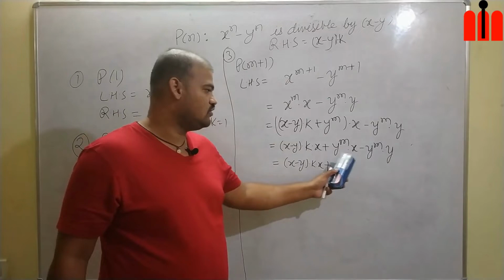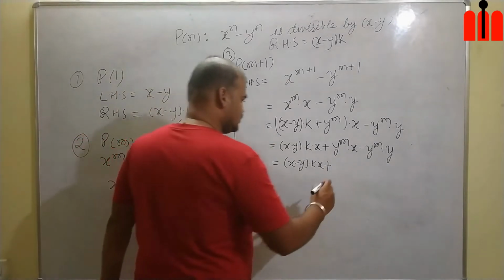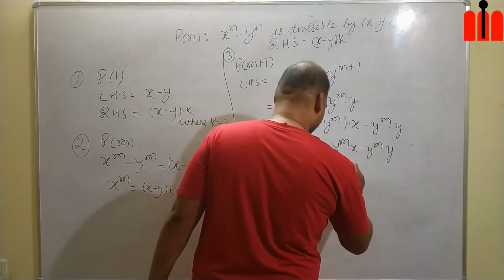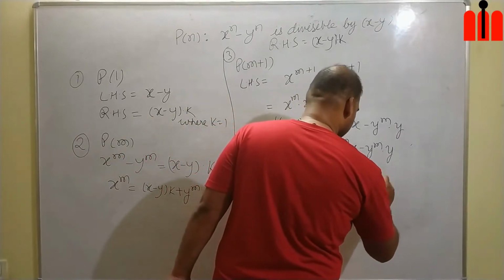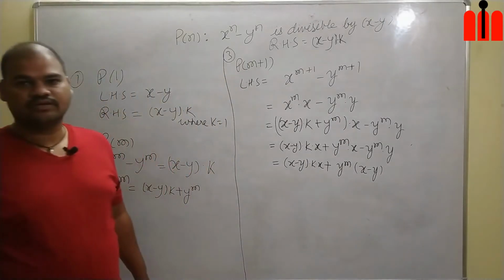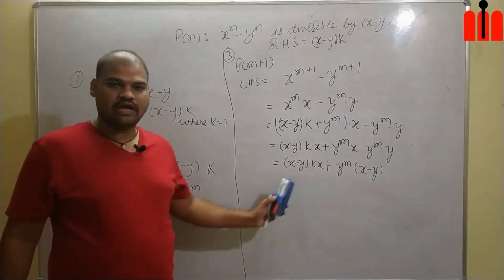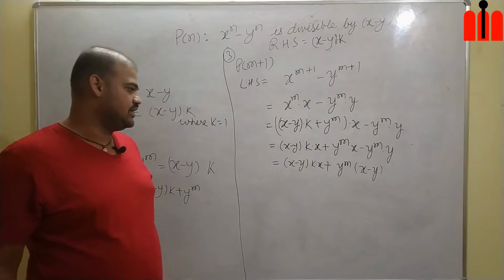Here you take y to the power of m out as common, then it will be y^m (x − y). Okay, are you getting it? Right.